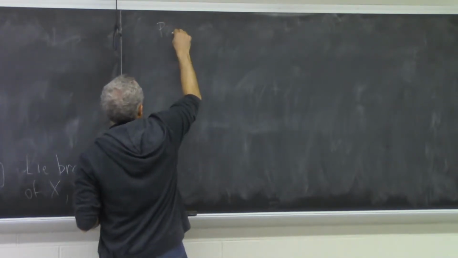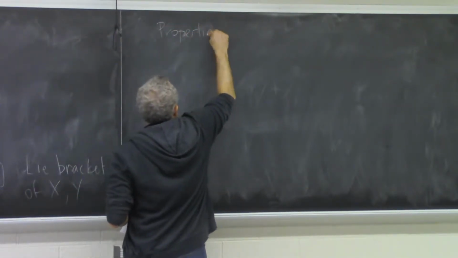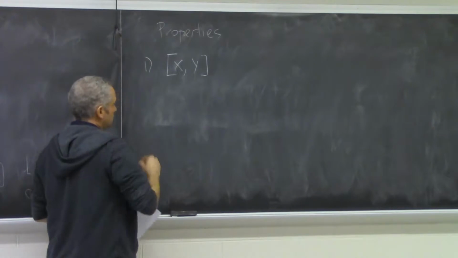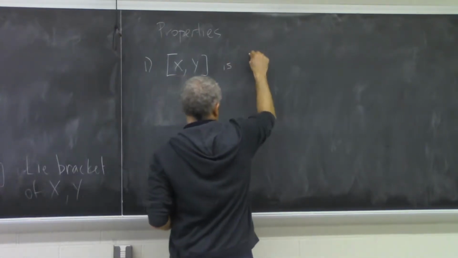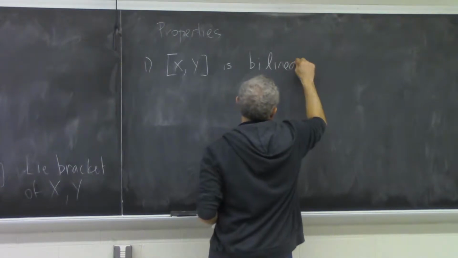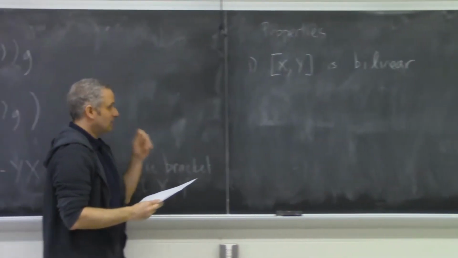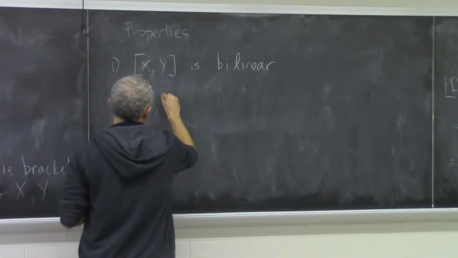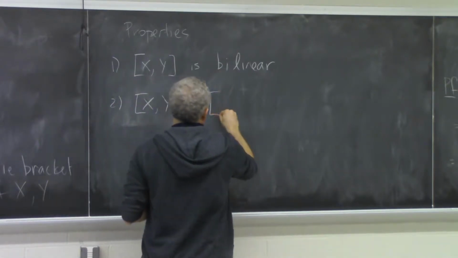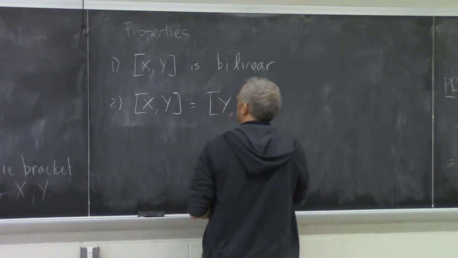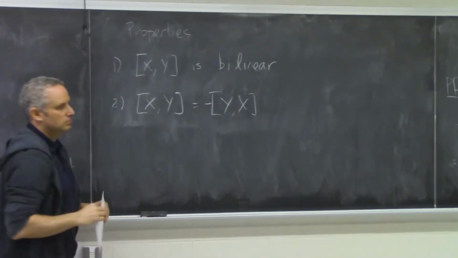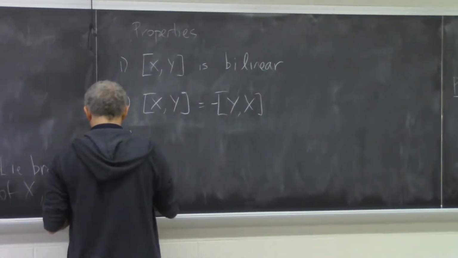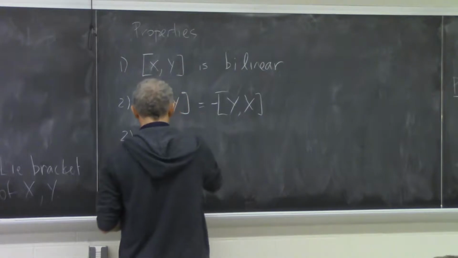So properties. First, this is linear in each argument, so it's bilinear. Two, we know from just our simple description that if we reverse the order in our product, we get a minus sign. Third is an interesting algebraic relationship.